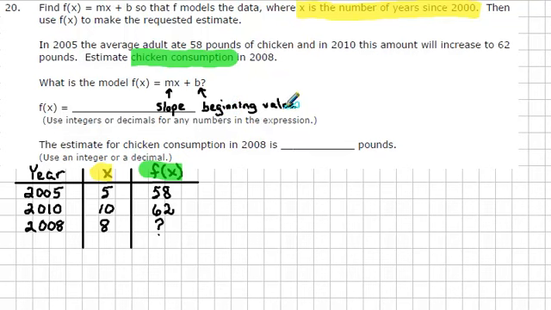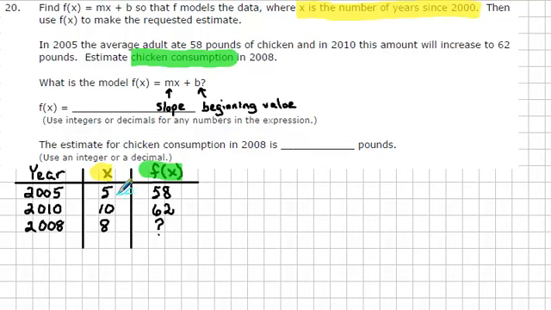The beginning value corresponds with an x value of 0. In other words, what was the chicken consumption in the year 2000? Unfortunately, that wasn't given to us.